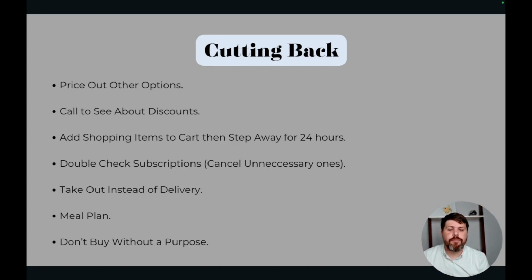So how do you cut back when you are looking at your finances and trying to determine between the needs and the wants? For needs, you really have to start pricing out other options. Let's say you have a mortgage and it has a 7% interest rate, which is fairly high.